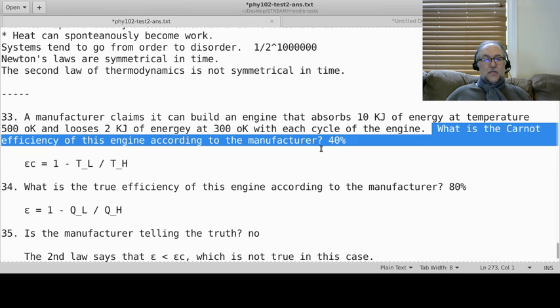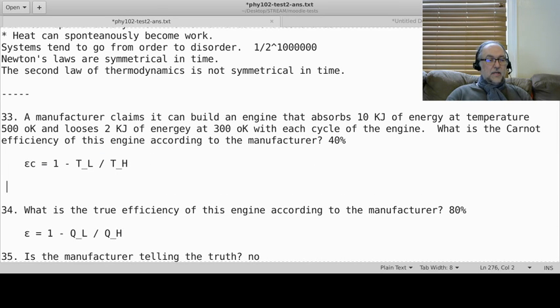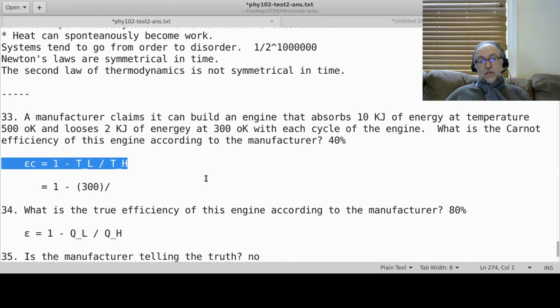So the first question I ask is, what is the Carnot efficiency? Okay, and the answer is 40%. How do you get that? Well, here's the formula. The Carnot efficiency is basically equal to 1 minus the low temperature. That's the temperature to which you lose energy, and in this case that's 300 Kelvin. Okay, and these numbers have to be in Kelvin. They're just like in the ideal gas law. In fact, Carnot derived this from the ideal gas law.